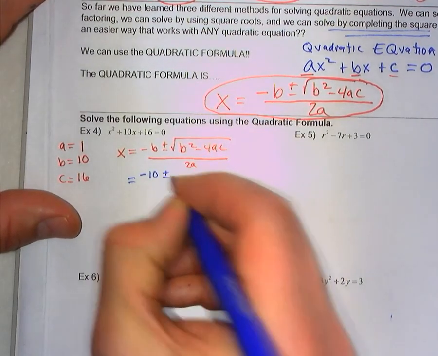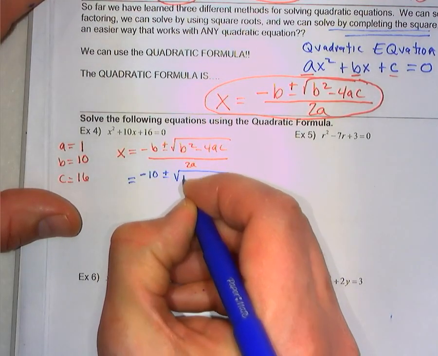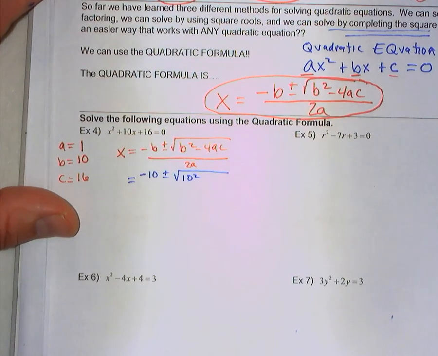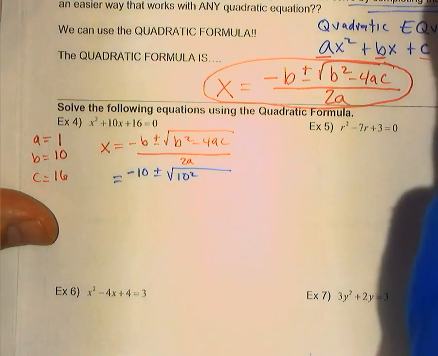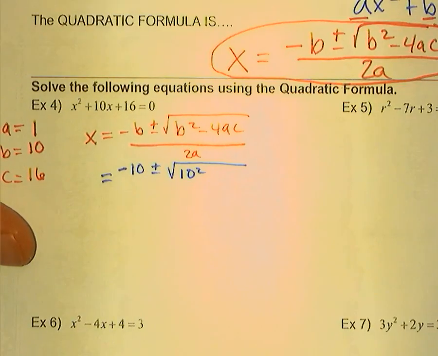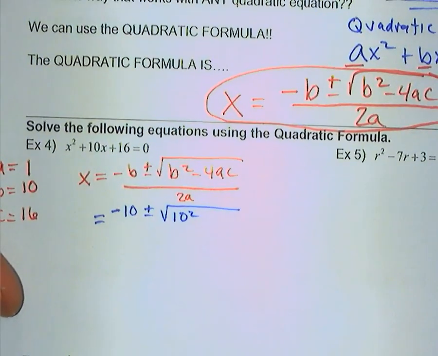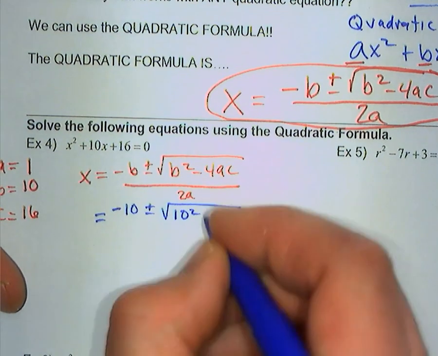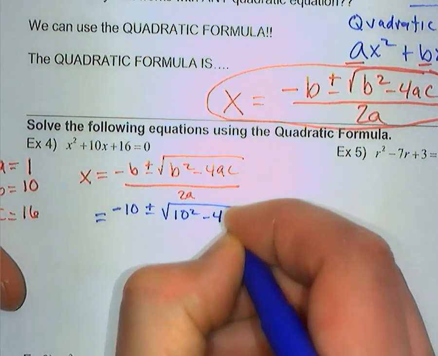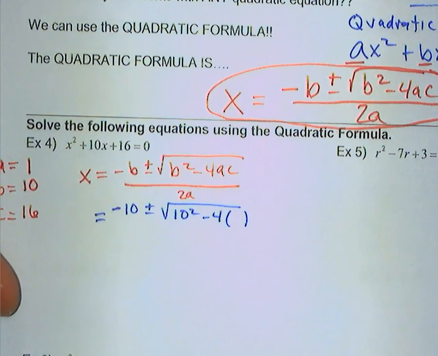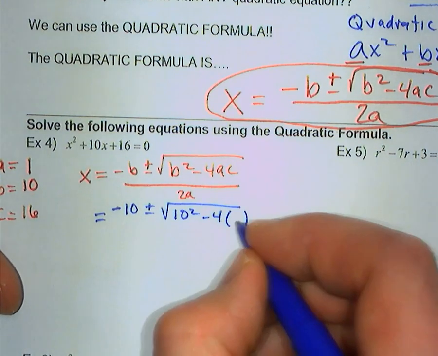We have plus or minus the square root of that 10 squared again, b squared. And I'll zoom in so we can see this real good here. Minus 4 times a. What's a? 1.